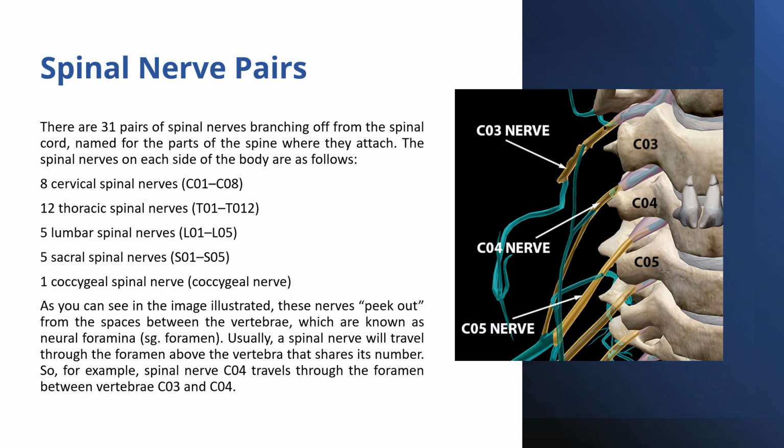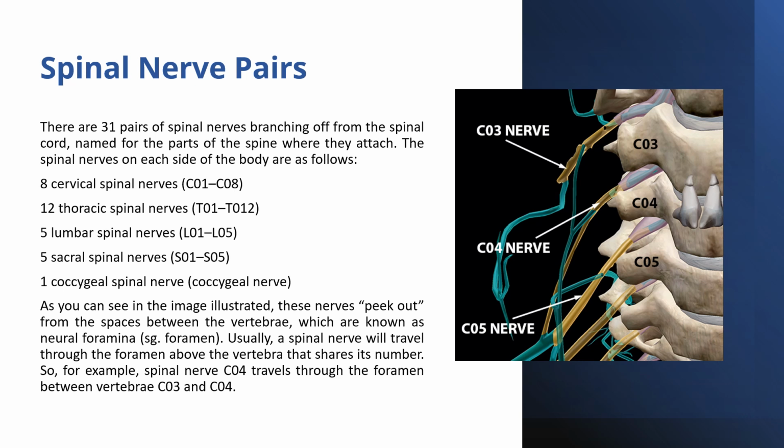There are 8 cervical spinal nerves, C1 to C8, 12 thoracic spinal nerves, T1 to T12, 5 lumbar spinal nerves, L1 to L5, 5 sacral spinal nerves, S1 to S5, and 1 coccygeal spinal nerve, which is the coccygeal nerve.